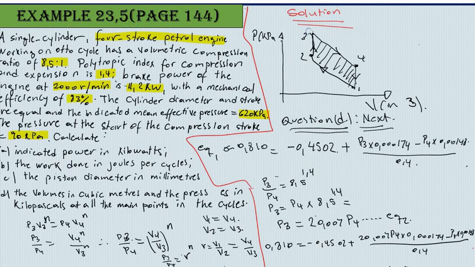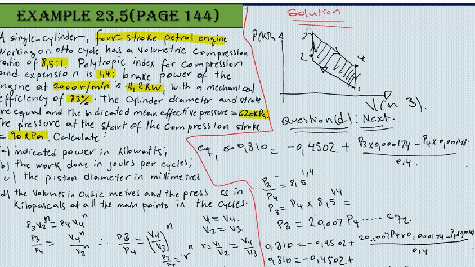So now I can simplify the whole thing. I'm going to have 0.810 is equal to negative 0.4502 plus, I'm going to write all this into a single expression because we have the last term, which is P4. So I need to multiply these two, and then I divide by 0.4.